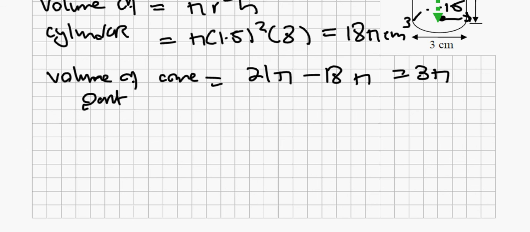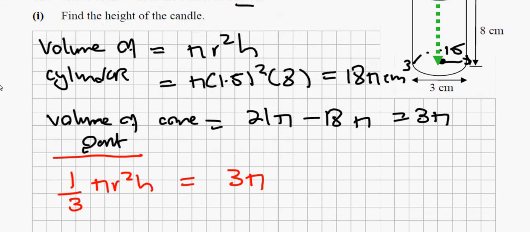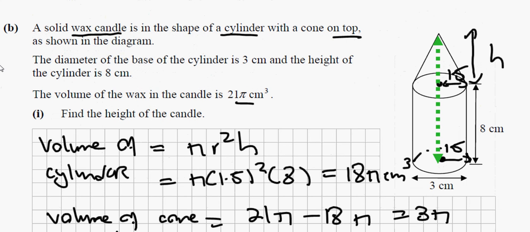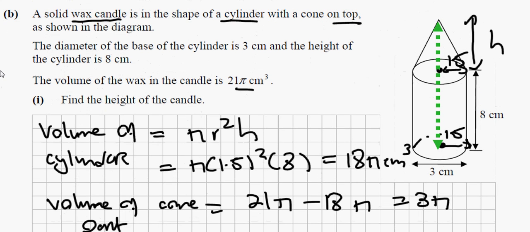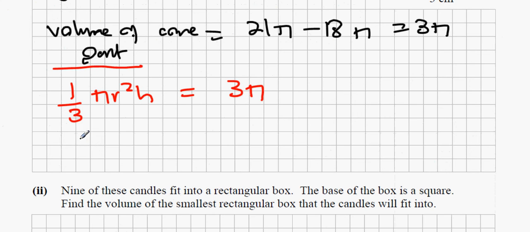Now, next thing you need to do is look up the volume of the cone part. Volume of a cone, once again in your notes on page 10, is 1/3 pi r squared h. And we know that that equals 3 pi. We know the radius is 1.5, so it's going to be 1/3 pi multiplied by 1.5 squared times h equals 3 pi.